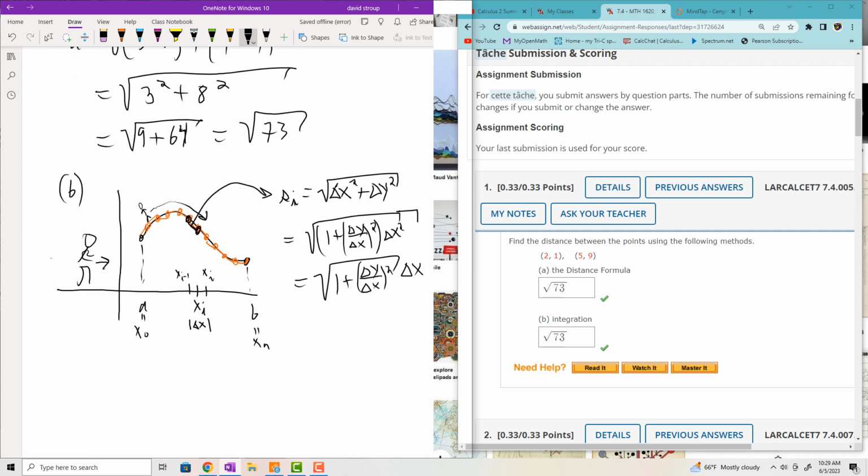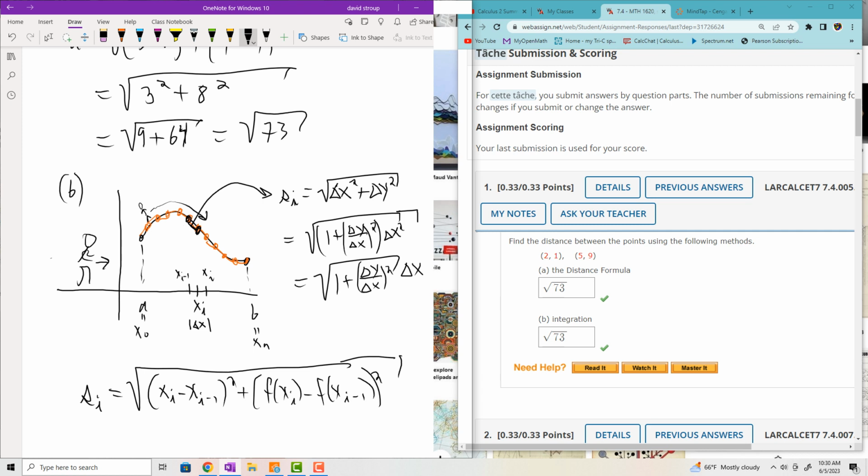And then in the formula, s sub i is actually going to be equal to the square root of x sub i minus x sub i minus 1 squared, plus f of x sub i minus f of x sub i minus 1, all of that squared.